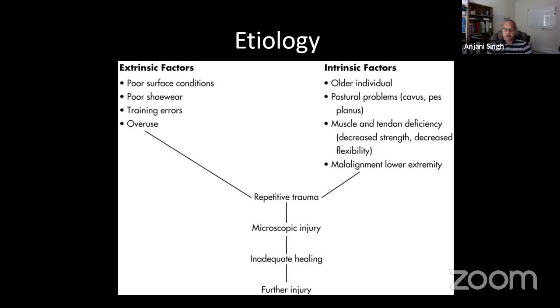These all lead on to repetitive trauma, which continues. Initially it is not noticed, and suddenly it becomes common with presentation of pain and swelling. Then you have microscopic injuries of the tendon structure with the collagen fibrils being stretched, which lead to an inadequate healing response and disorganization of the tendon structure, which presents with tendinopathic changes and symptoms.